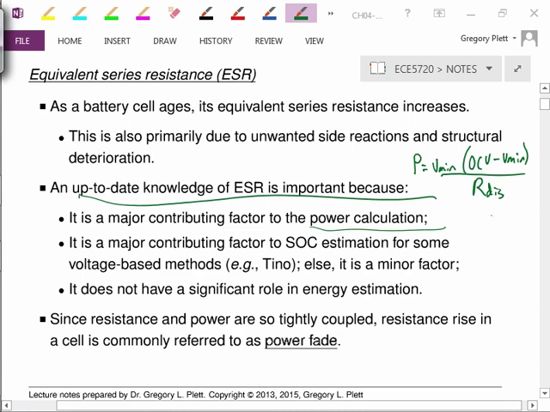So if our discharge resistance goes up, then the ability to discharge power goes down. So it's a significant impact there.